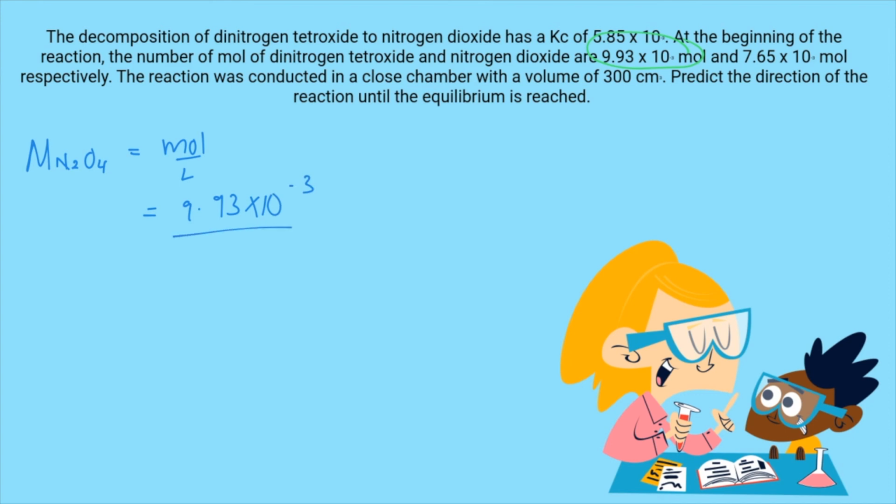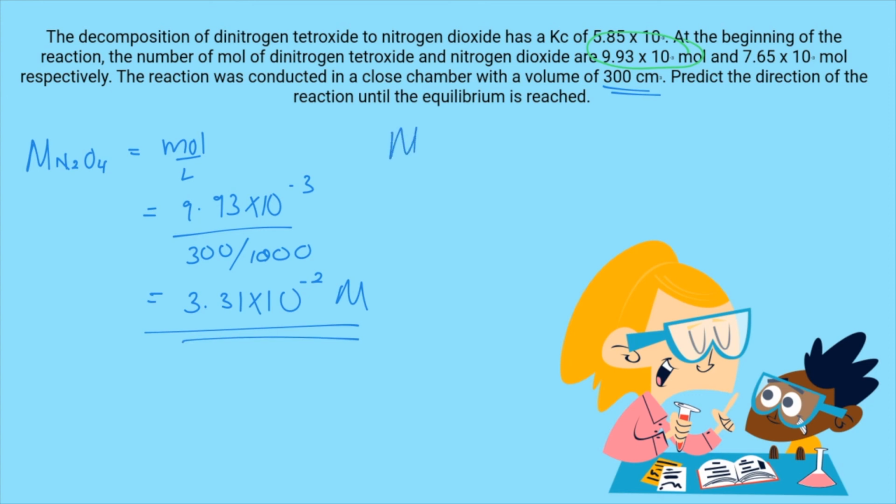It was put in a chamber which is 300 centimeter cube, so you need to divide by 1000 to convert it to liter. So you shall get the molarity for dinitrogen tetraoxide equivalent to 3.31 times 10 to the power of negative 2 molar.